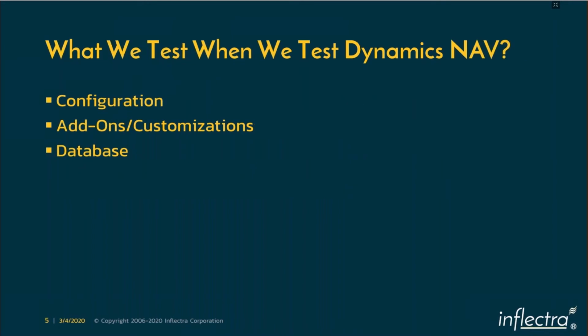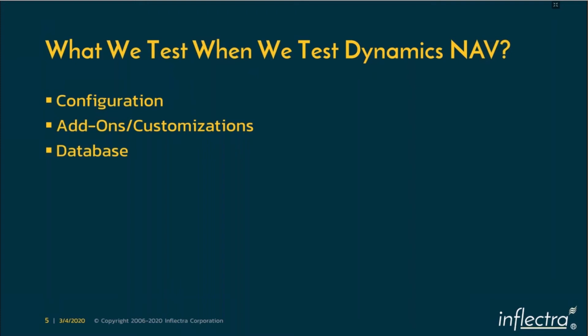So what do we mean when we say we're testing Dynamics Nav? I will talk a bit about the philosophy of testing Dynamics Nav. The first idea that I am trying to express is that when we are testing Dynamics Nav, we are not testing the Microsoft product itself.